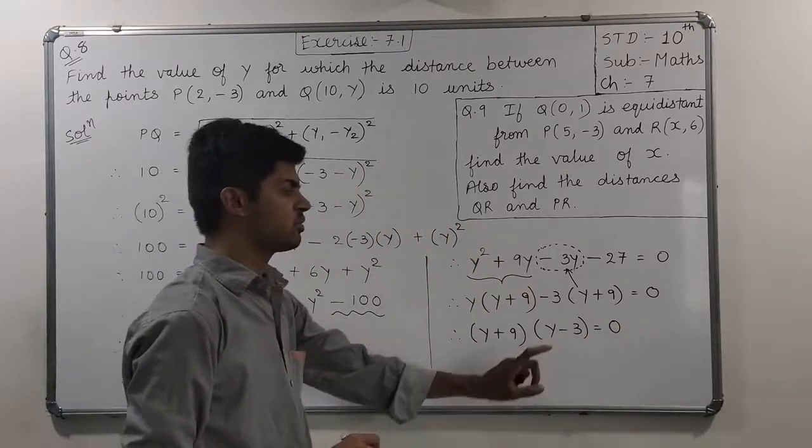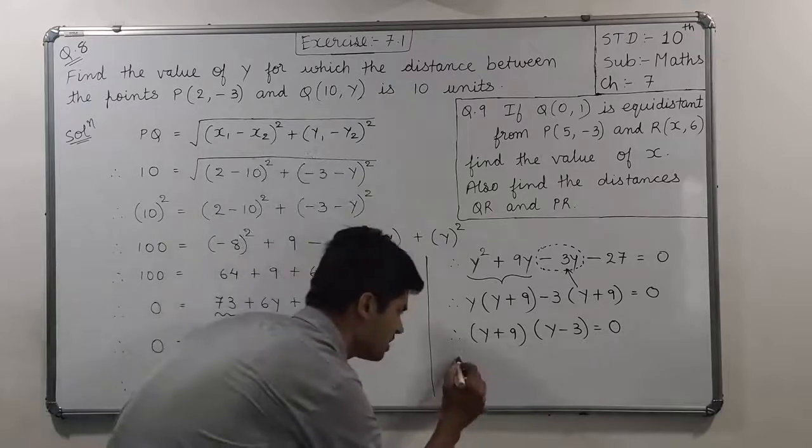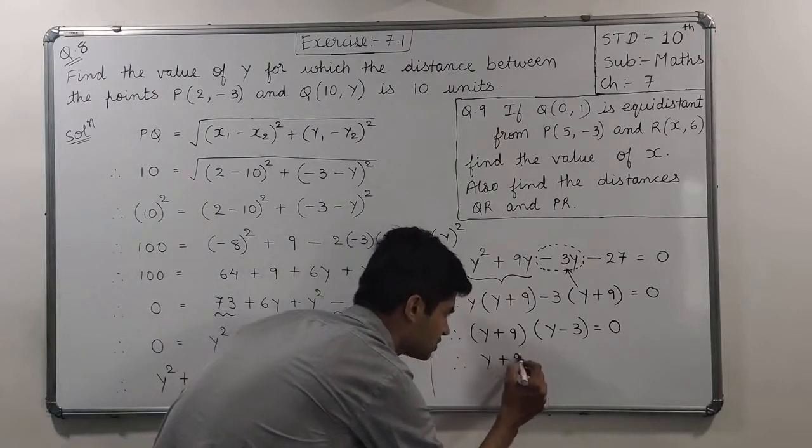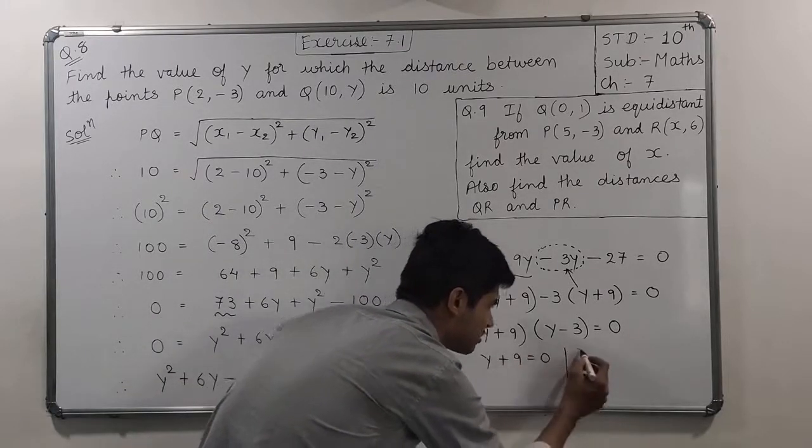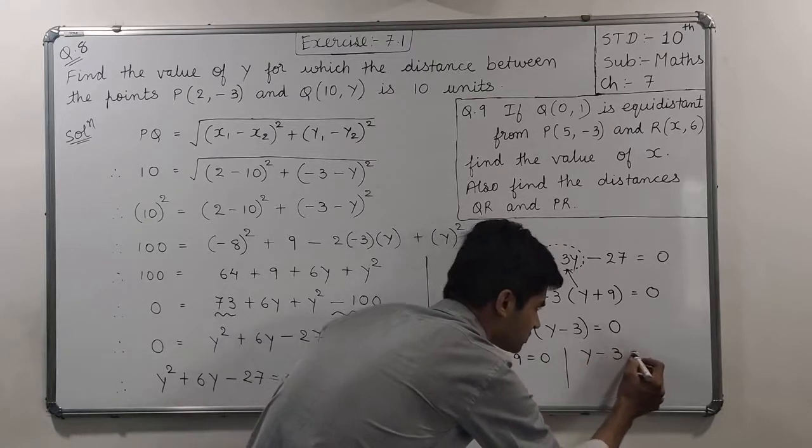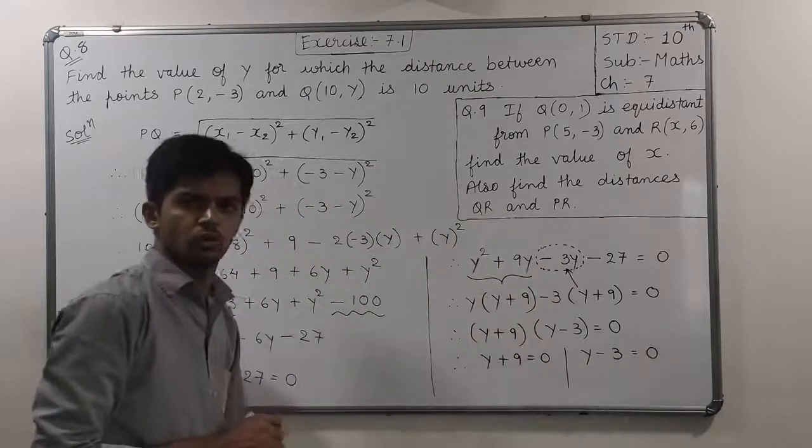Now multiplication of two bracket is equals to 0. It means first bracket equals to 0, then second bracket equals to 0. Okay?